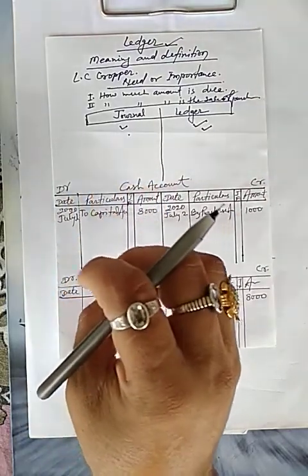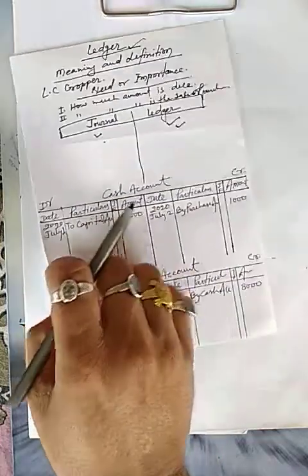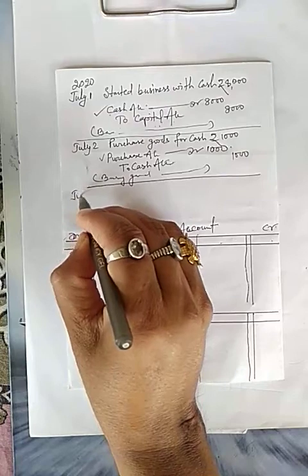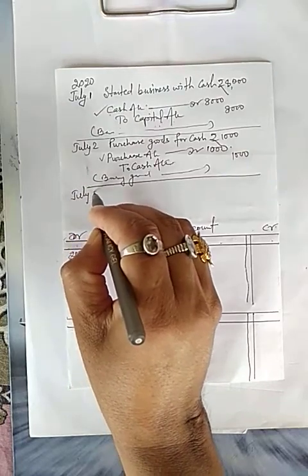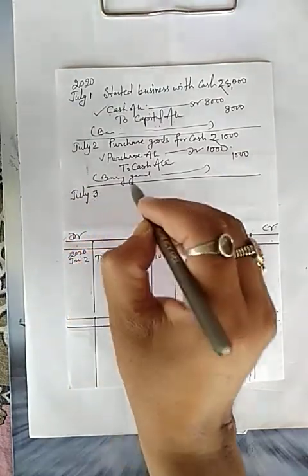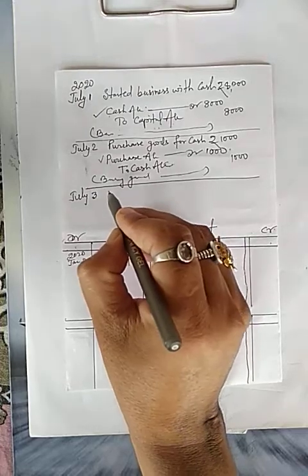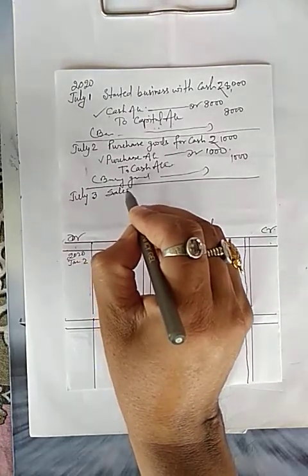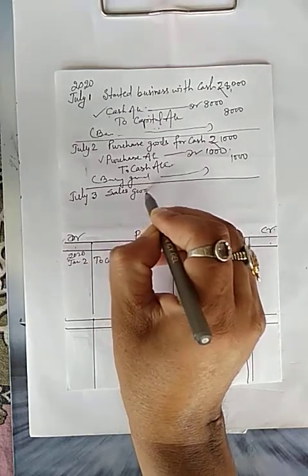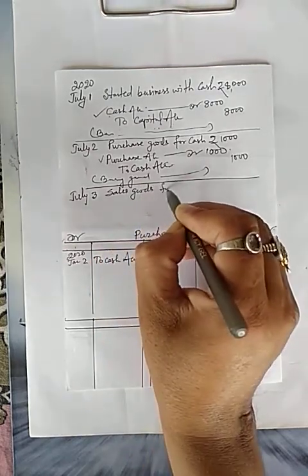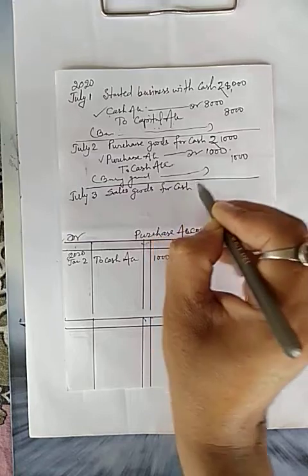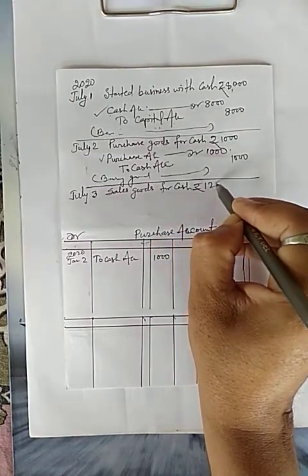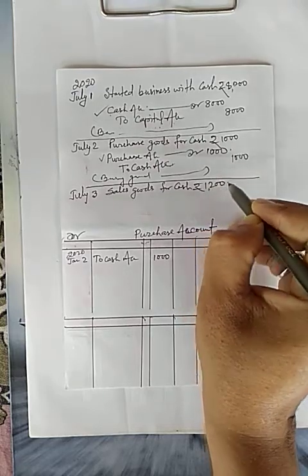Now I am going to show you one more journal entry. Suppose on July 3, the transaction is sells goods for cash rupees 1200.